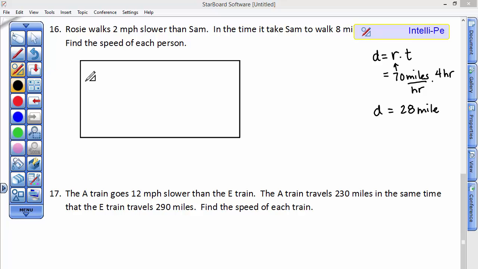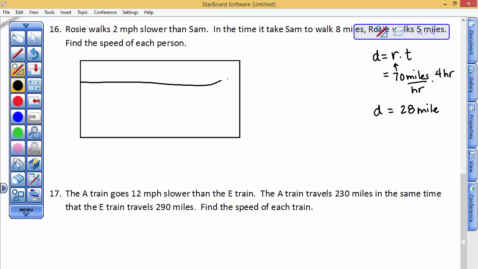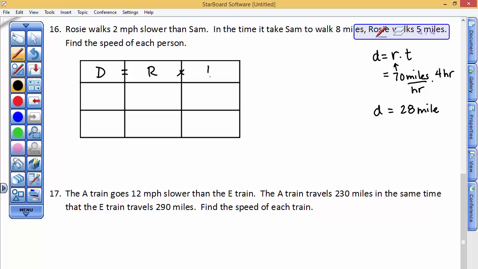And in that grid, I'm going to set up 3 rows and 3 columns. And in those columns, I'm going to have a letter D, and then a letter R, and a letter T. Distance equals rate times time. And I'm going to go back here and read this and fill in some data.